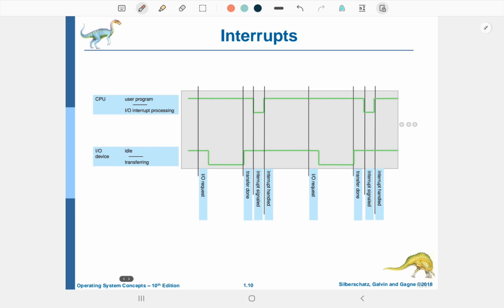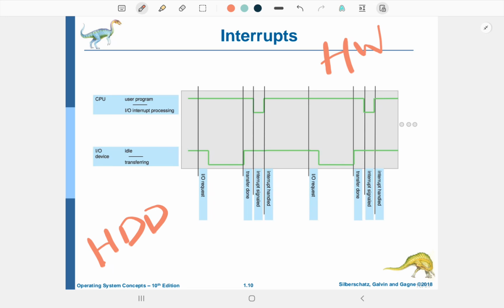Now for hardware interrupt examples, think of a simple operation of writing or reading from an I/O device. When we say an I/O device, think of your hard disk, for example, your HDD, hard disk drive.